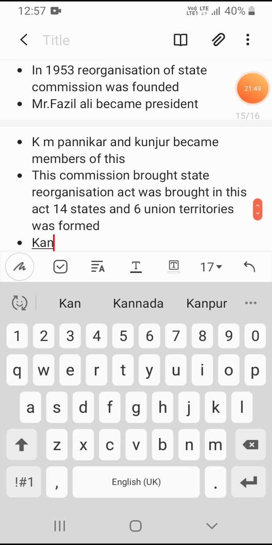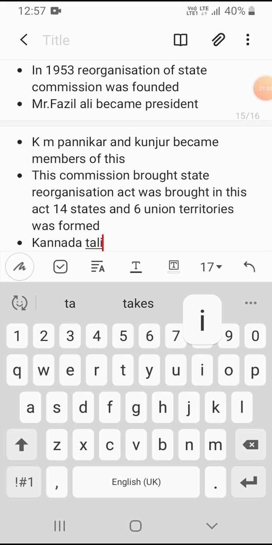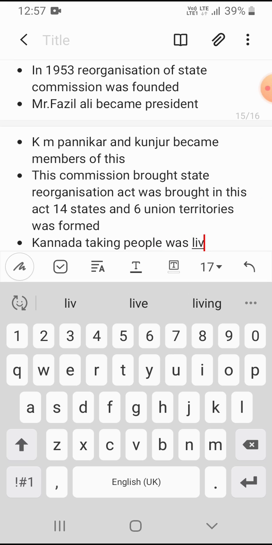And Kannada-speaking people were living in many states.